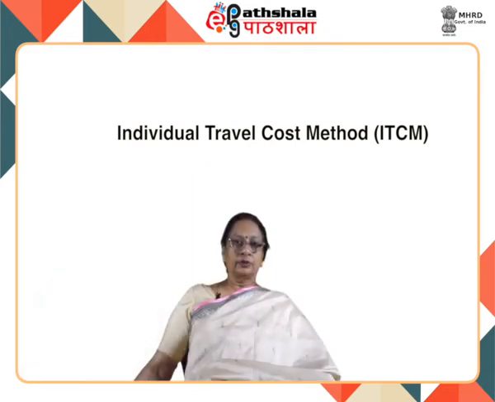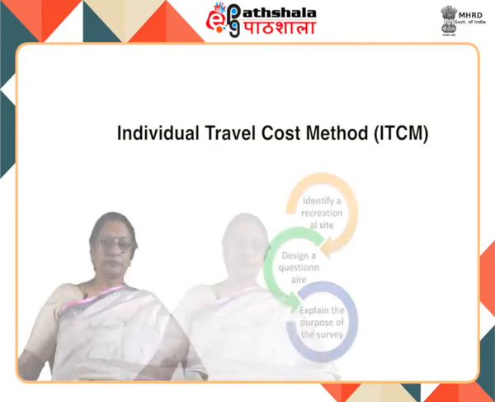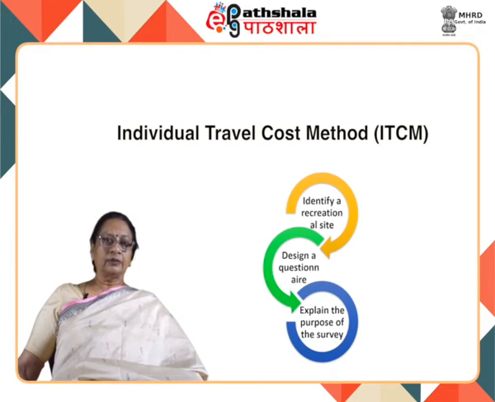The steps to be followed for conducting the survey and creating a relevant database for estimation of the demand function for a recreational site are as follows. First, identify a recreational site.